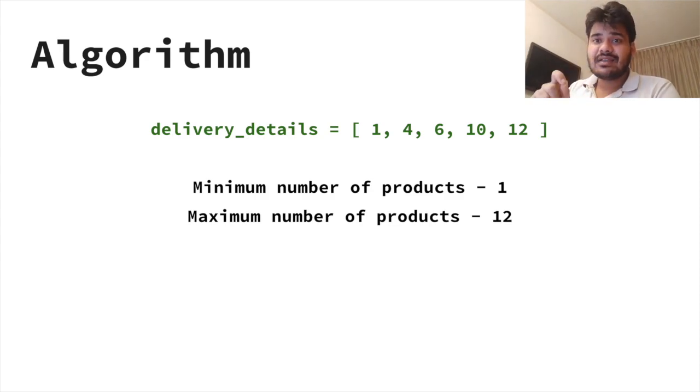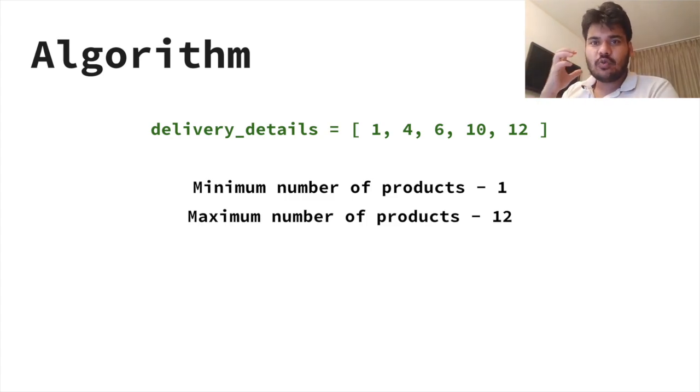The question being asked is, there are 10 trips to be done and he has to carry, what is the minimum number of items that he can carry in every single one of those trips, right? So let's deduce some facts around it. We already discussed that the maximum number of products is 12.